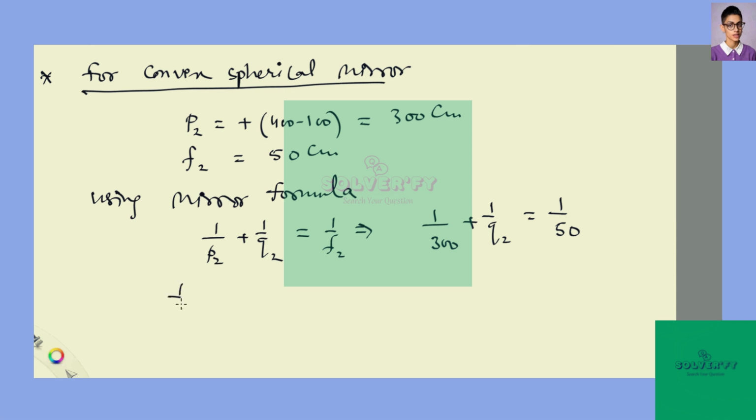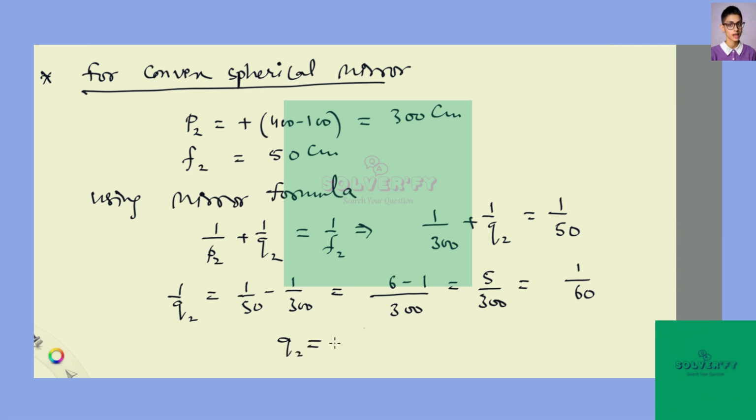So finally this 1 by q2 comes out to be 1 by 50 minus 1 by 300. LCM is 300, so here this is 6 minus 1 or 5 by 300, which comes out to be 1 by 60. So finally the distance of the image from the convex spherical mirror will be plus 60 centimeter.